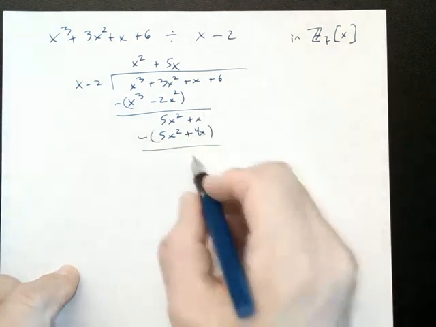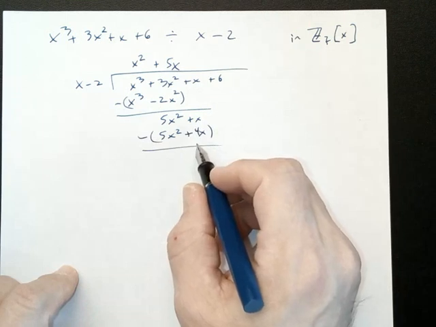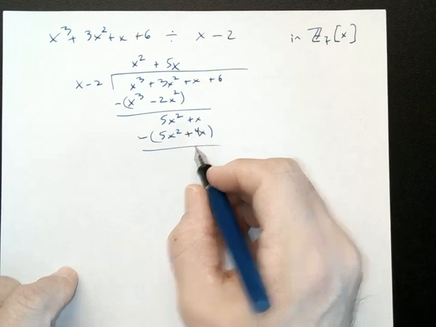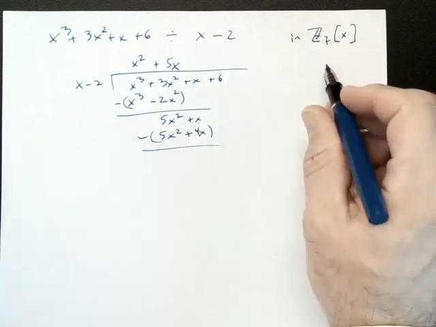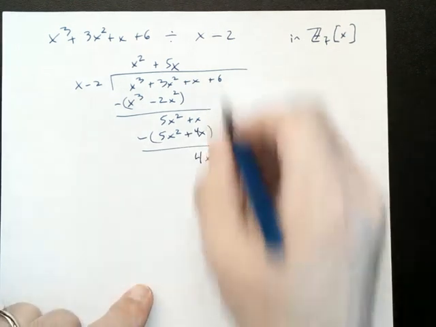Subtract that. All right, wait a minute. 1 minus 4. This is going to be the silliest sentence you've said today. 1 minus 4 is 4. I'm in Z7. 1 minus 4 is negative 3. Negative 3 is the same as positive 4.